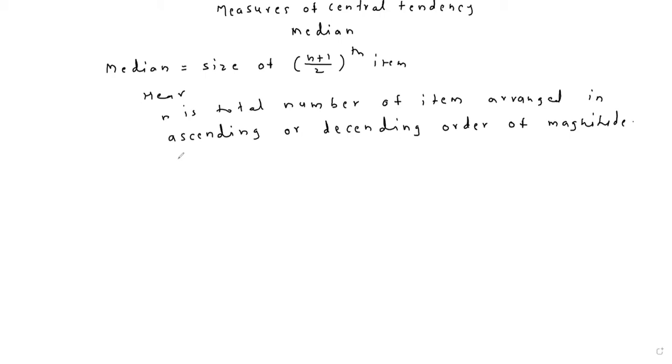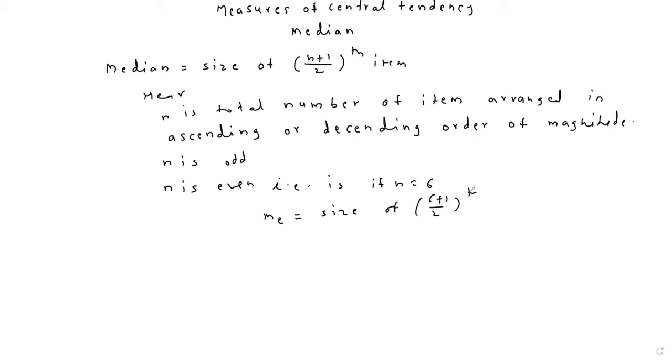here two cases arise. If n is odd, then we get the value of median directly. But if n is even, suppose n is say 6, then our formula for median works as median is equal to size of (6 plus 1) divided by 2 th item.